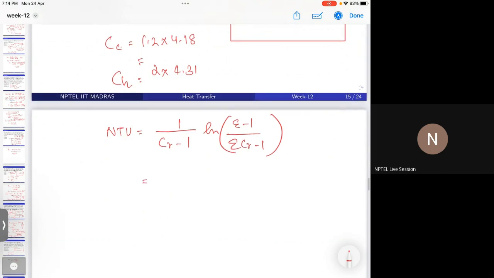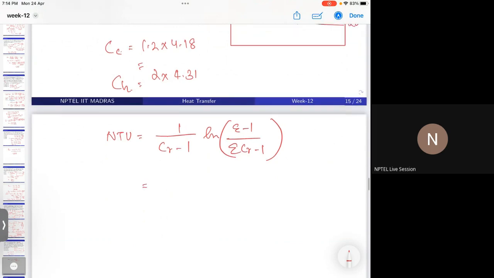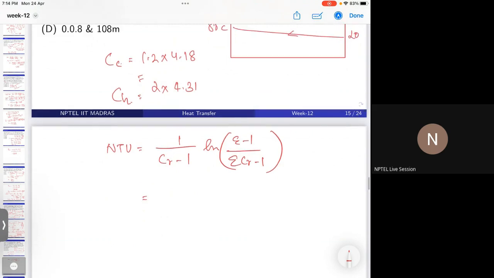So this is the NTU-effectiveness relationship for a counterflow heat exchanger. What is C_R? C min by C max. C_C, the cold fluid, is around 5016, and the hot fluid is 8620.